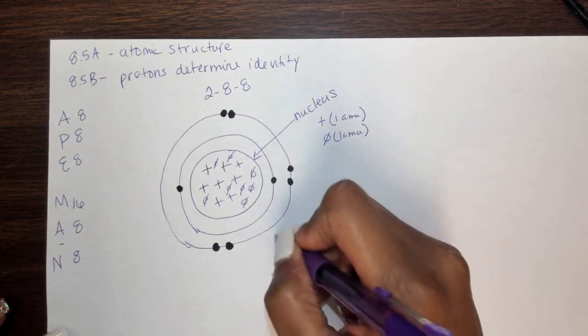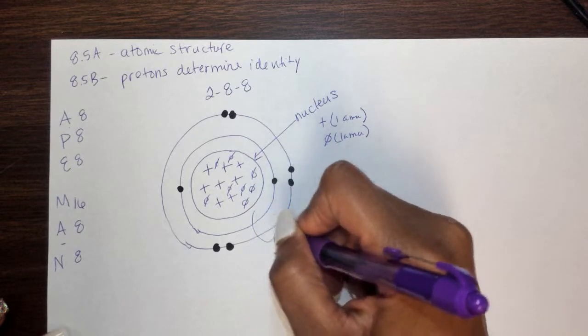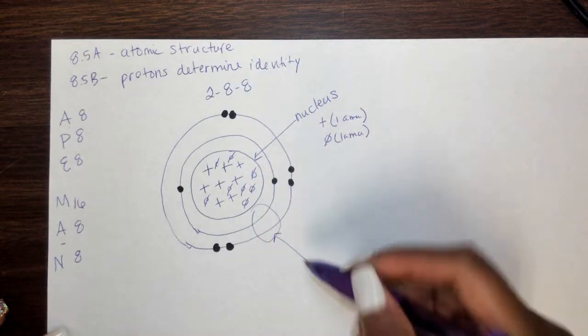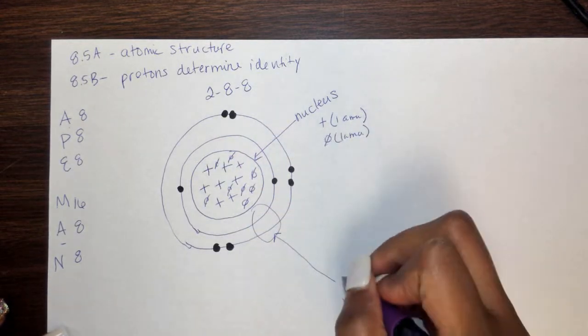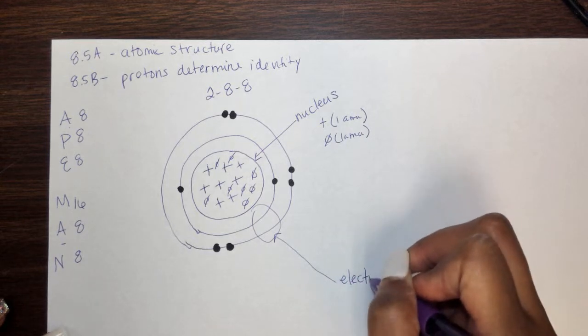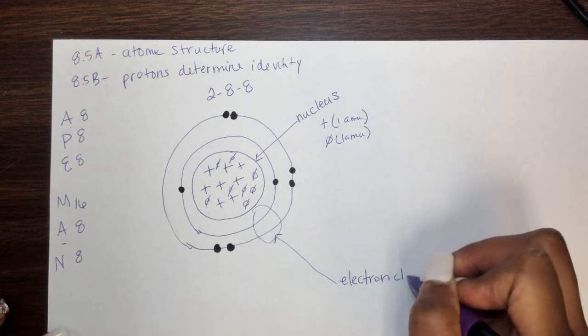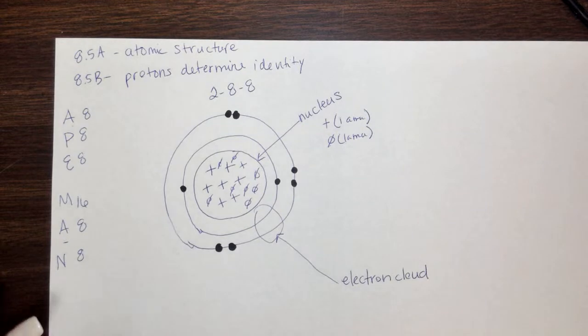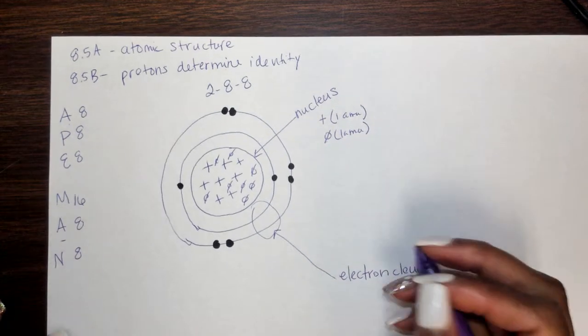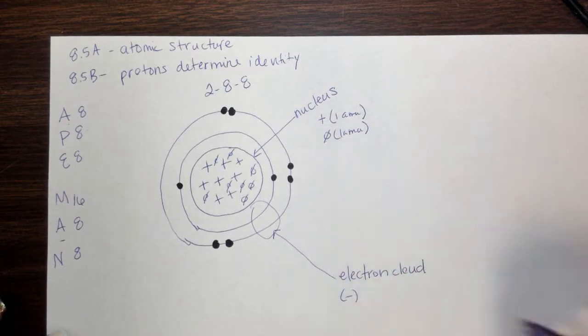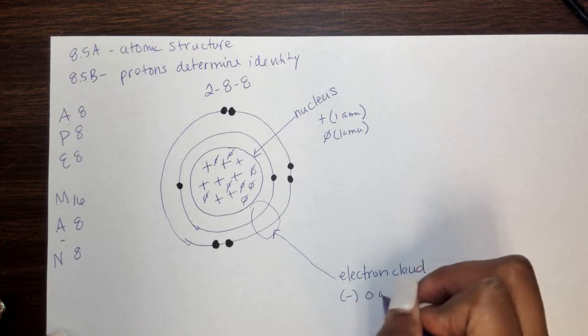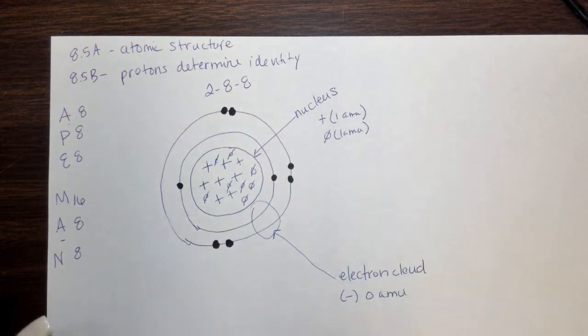This entire area, all the way around, this is my electron cloud. Okay? My electron cloud has electrons here. They are negatively charged and they weigh 0 atomic mass units.